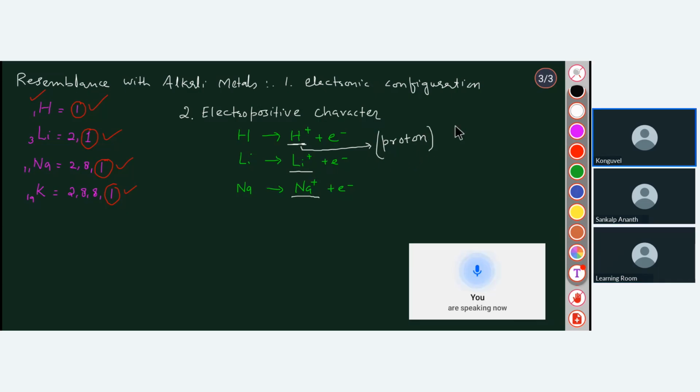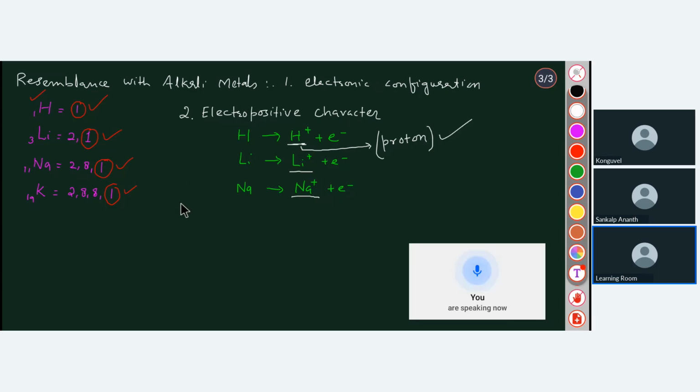Yes, sir, it's only a proton. Exactly, so you have to remember that H positive is known as proton. Got it? Yes, sir. So hydrogen resembles the alkali metals in this electropositive character also. Hydrogen has the tendency to form a cation by losing one electron, and all other alkali metals have the same tendency. They also lose one electron and form the cation.